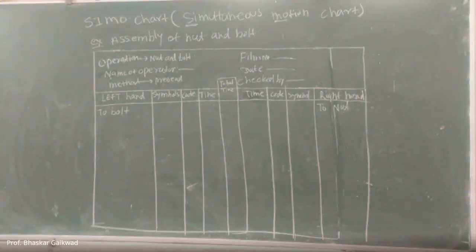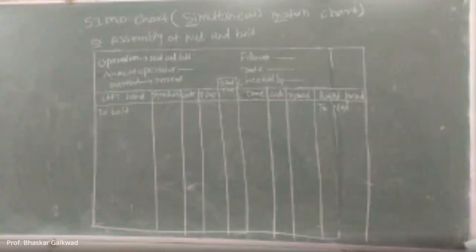Which therblig shall we use here? This is the transportation, so nut and bolt. Transportation, TL, will be there, meaning we have to bring these bolts and nuts. So here you can use the transportation symbol.